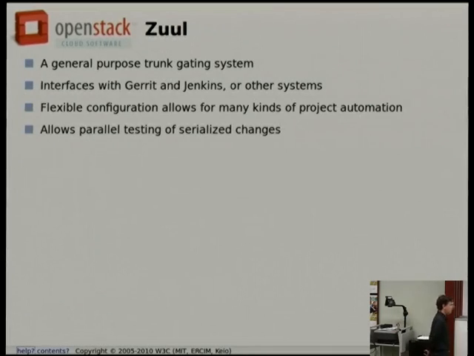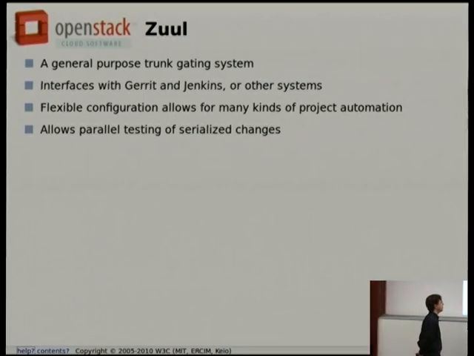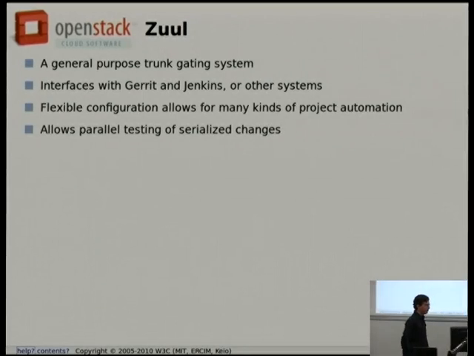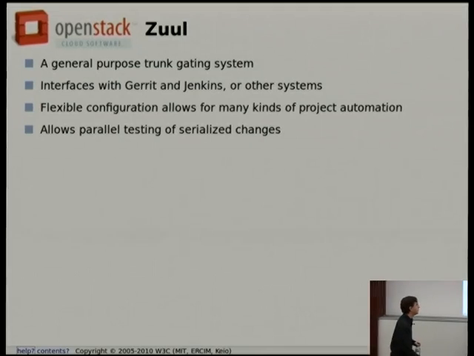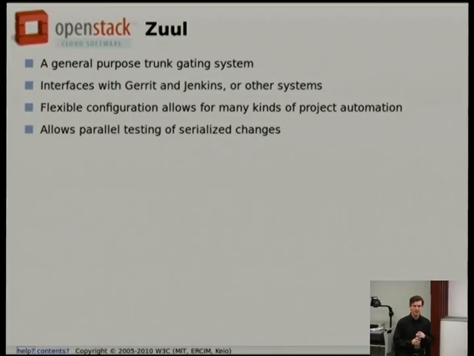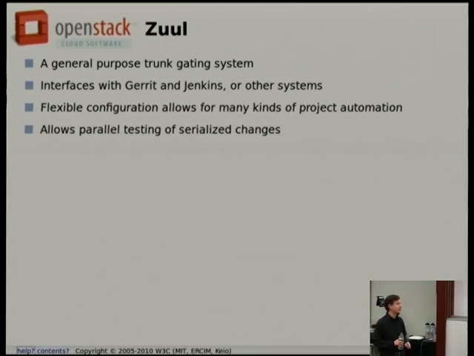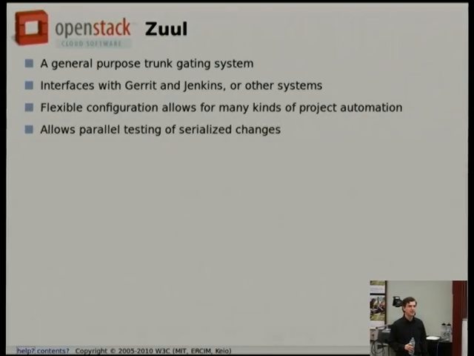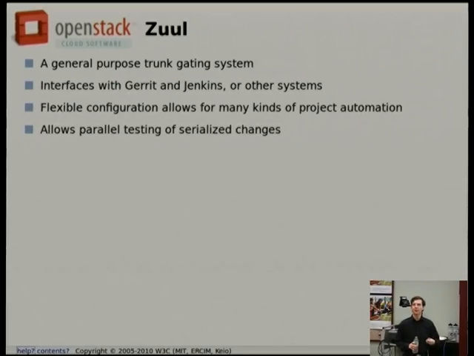So the engine that we use to drive all of this is called Zuul, and it's something that we wrote within the OpenStack Infrastructure project. And it interfaces with Gerrit and Jenkins or other systems, and I'll talk about that in a bit. It's very flexible. It allows for a lot of different kinds of project automation. Some of the things that I just talked about are things that we actually didn't even anticipate when we wrote Zuul.